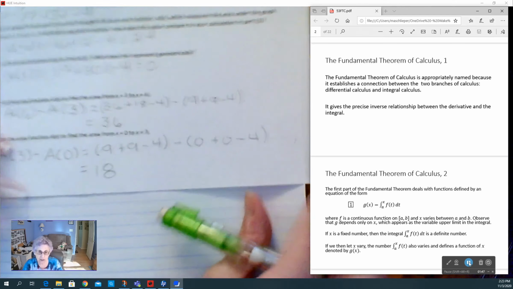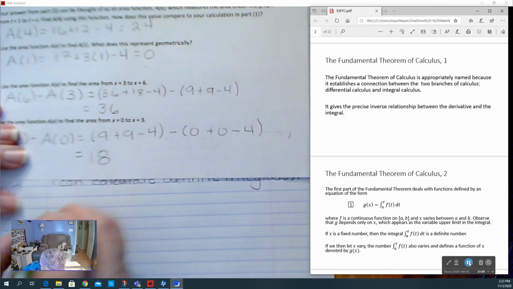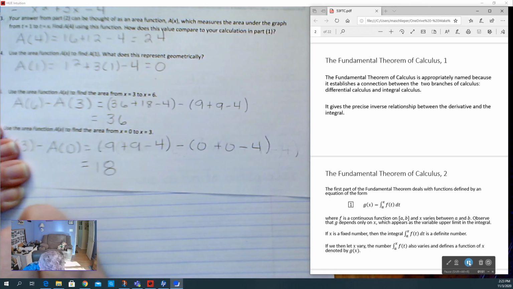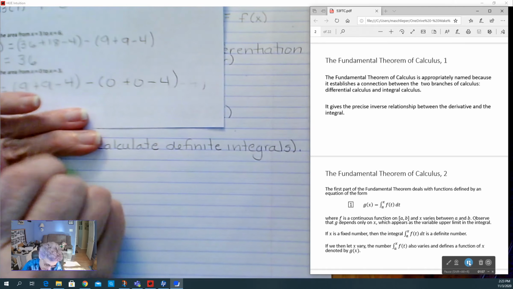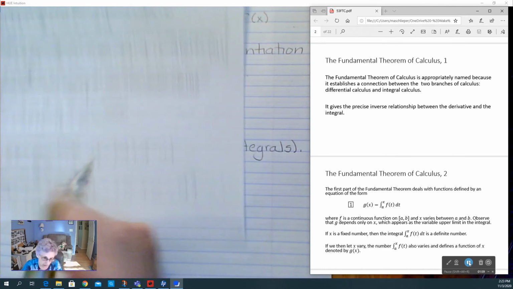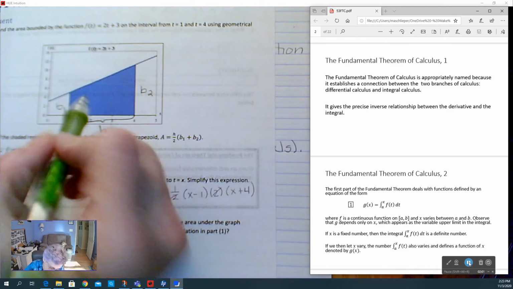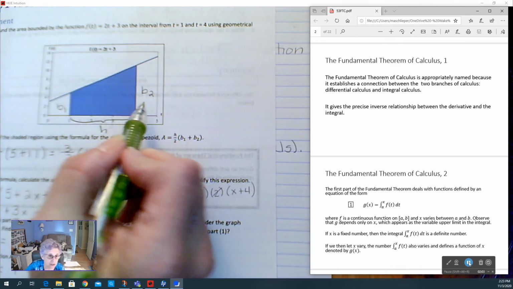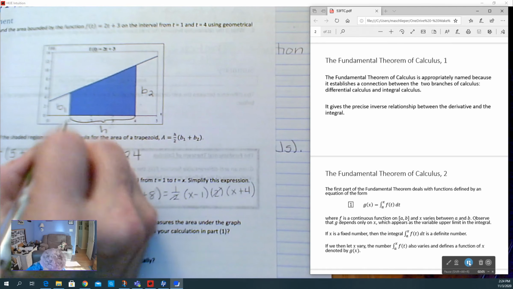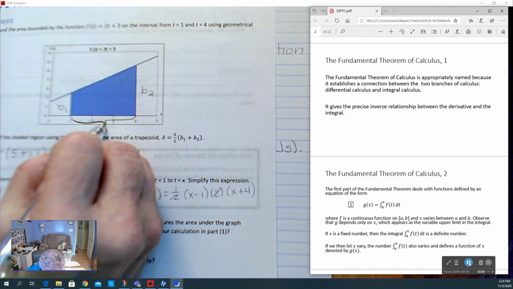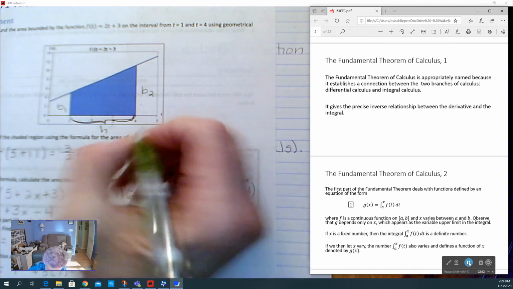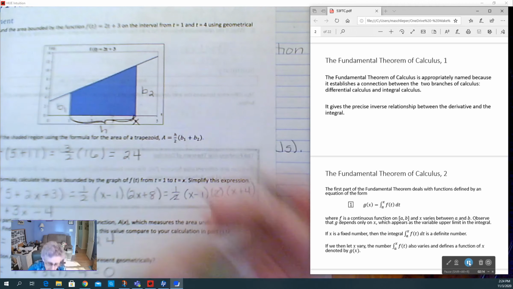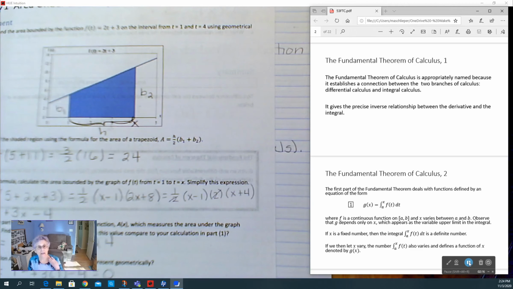So I'm going to go ahead and write that down. So this is number 2 on your sheet. So my area, and I'm going to use the same h and b1 and b2 that I did before. So my h is this distance right here, but instead of a 4, I'm thinking of this as being x.